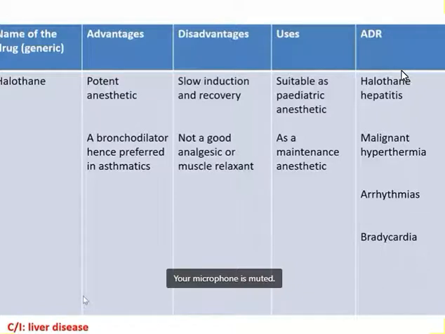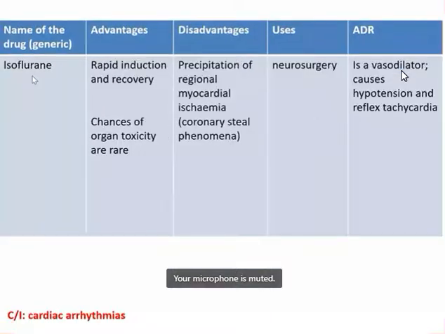Next drug is your isoflurane. They also have a rapid induction and recovery. But rather than isoflurane, nitrous oxide is mainly used as a carrier gas for the other drugs which have slower onset of induction and recovery, like halothane.